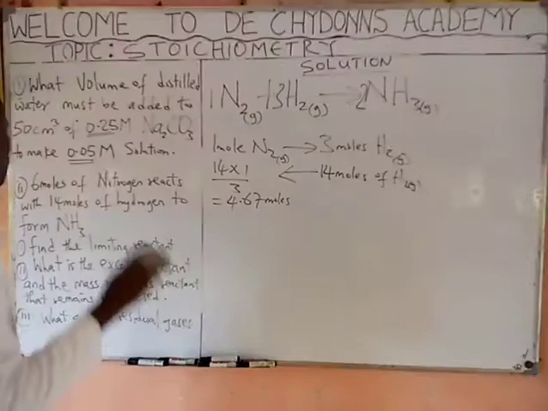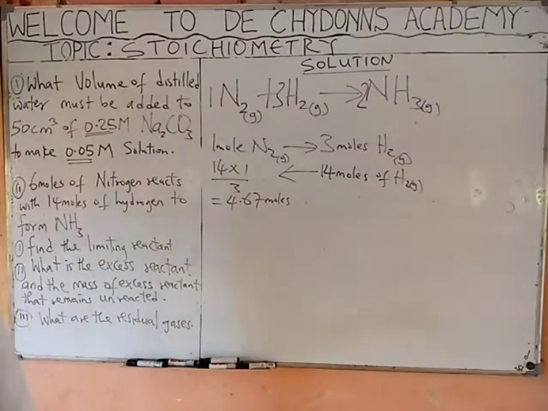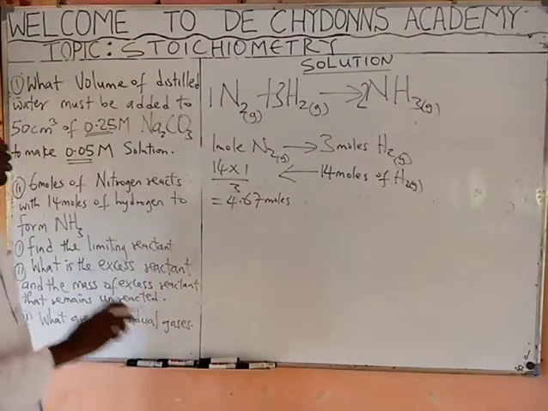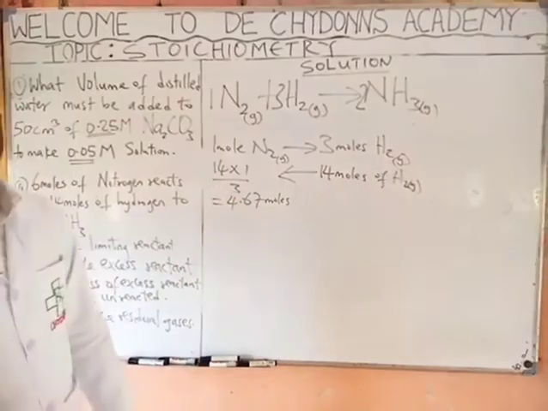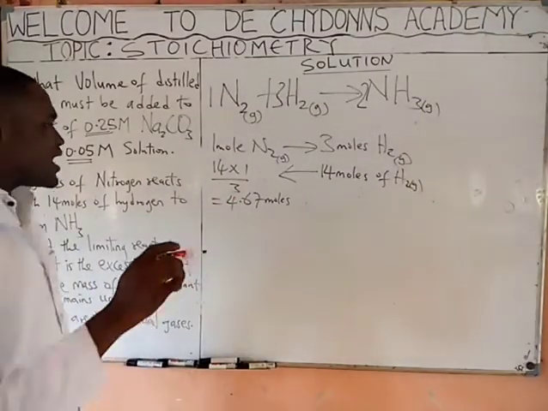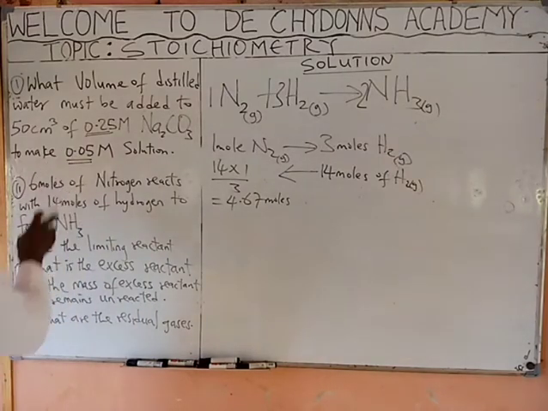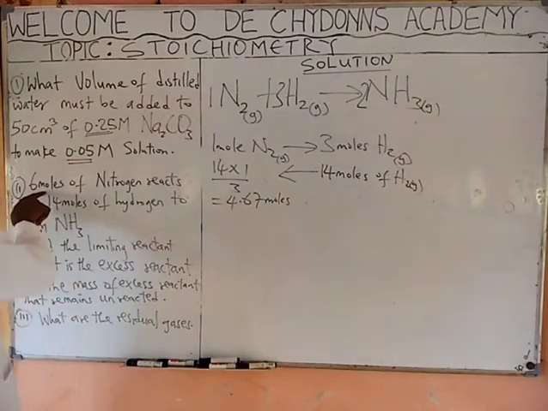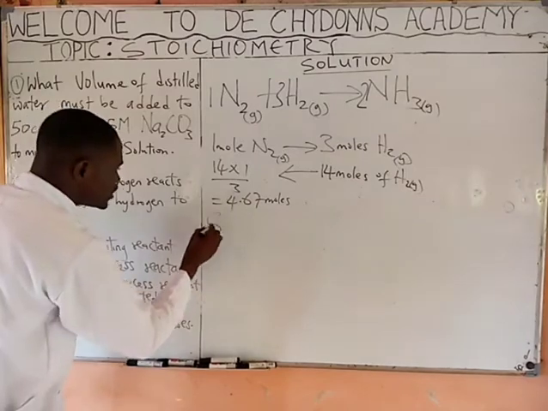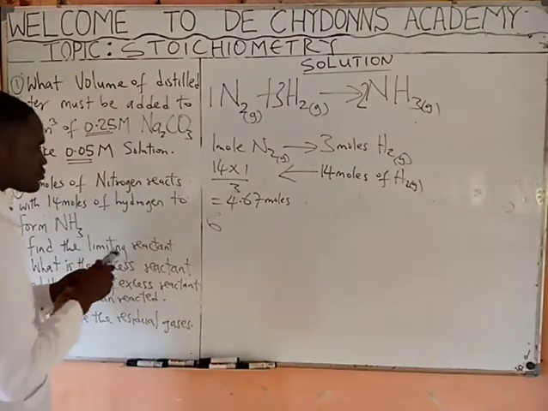4.67 moles of nitrogen is what the producer is supposed to react with 14 moles of hydrogen. It's supposed not to use these 6 moles. Instead, it's 4.67 moles. Okay? Now that tells us that amount of excess reactant is, what is the nitrogen that he used? He used 6 moles of nitrogen.